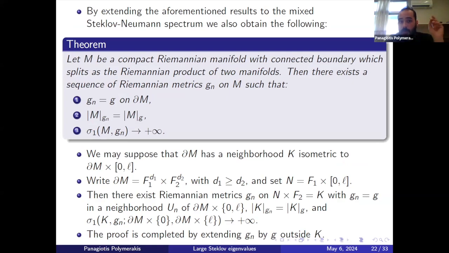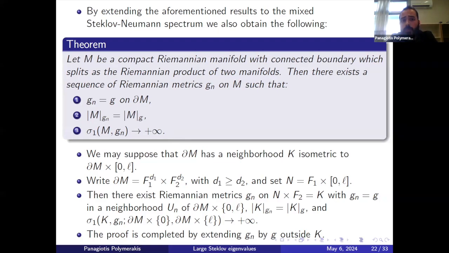That is, we suppose just the boundary is a product, not the whole manifold. Then there is a sequence of Riemannian metrics on the manifold which coincide on the boundary, have the same volume, not volume element, necessarily, and have arbitrarily large first non-zero Steklov value.